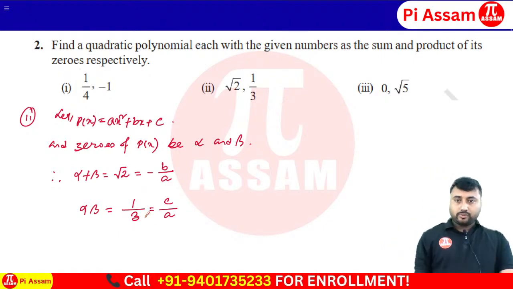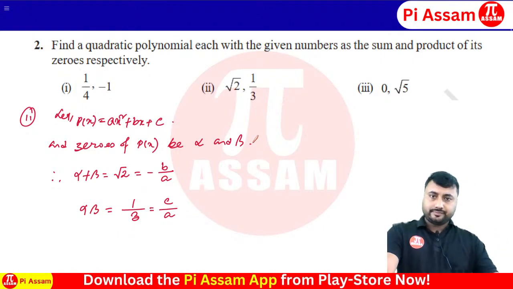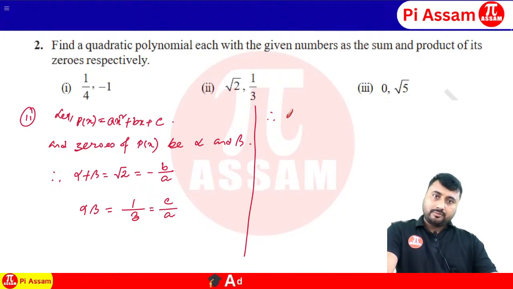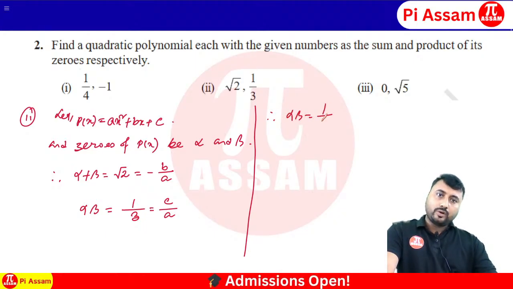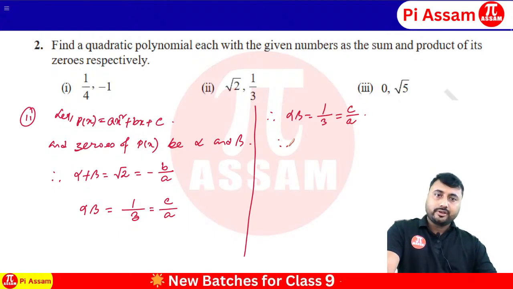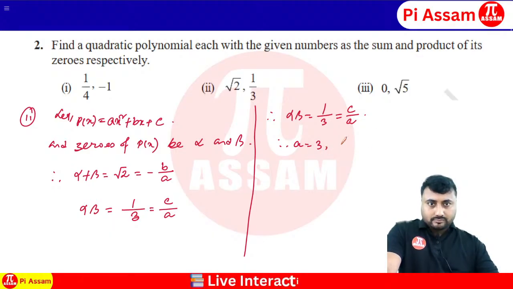Therefore here, from alpha into beta equal to 1 by 3, it will be c by a. Comparing this, a will be 3 and c will be 1.